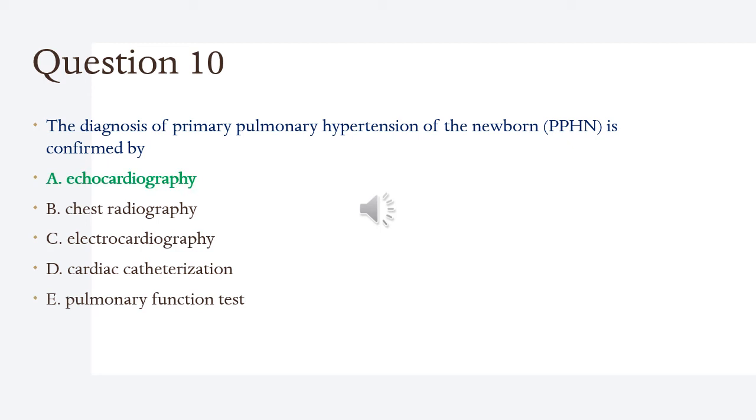So the correct answer here is echocardiography. The role of echo is to measure the pulmonary pressure and to see the condition of the shunt. Is it a bidirectional shunt? Is it right to left? The baby will present with cyanosis. So the correct answer is A, echocardiography.